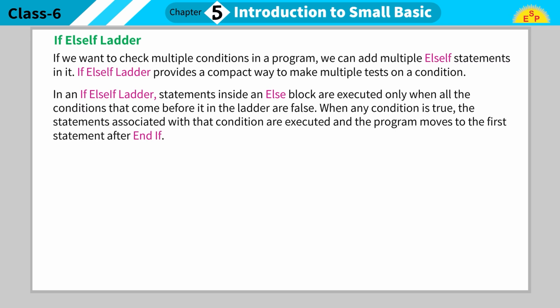If else ladder. If we want to check multiple conditions in a program, we can add multiple else statements in it. If else ladder provides a compact way to make multiple tests on a condition. In an if else ladder, statements inside an else block are executed only when all the conditions that come before it in the ladder are false.